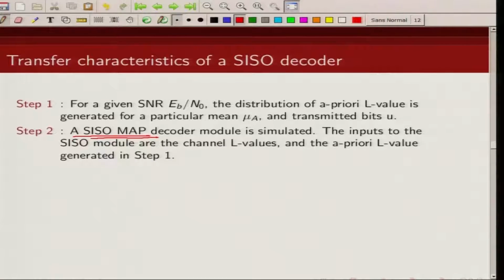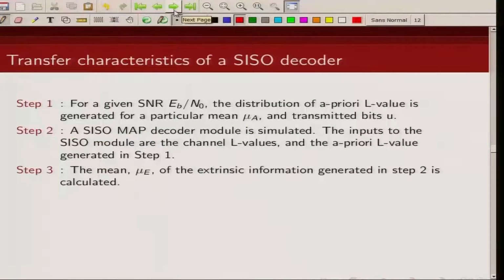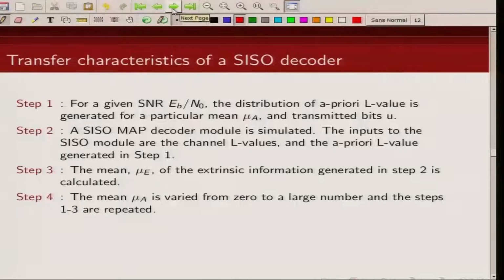We feed these two inputs to the decoder and what comes out as output are these extrinsic values, and we compute the mean of the extrinsic values. Now, because we are making a Gaussian assumption, our signal to noise ratio is related to the mean.